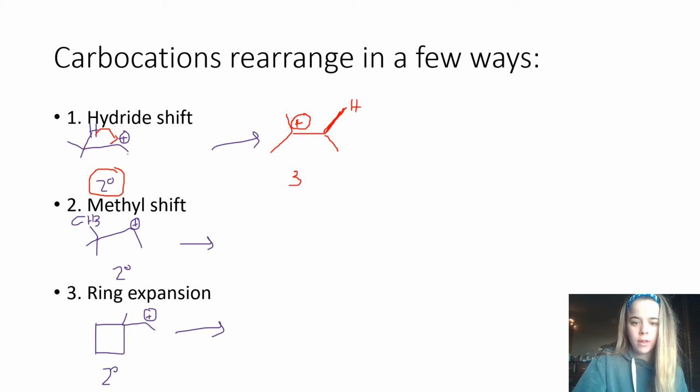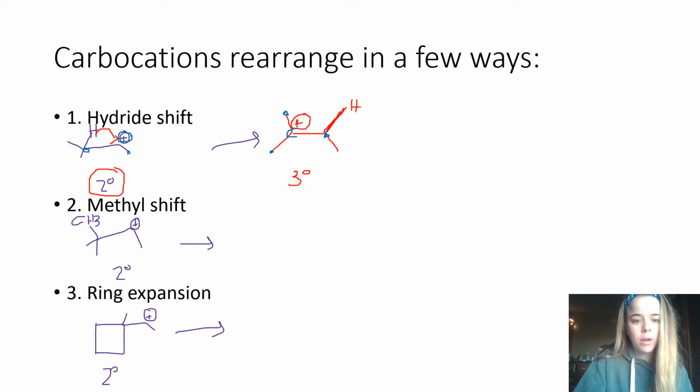Now you may wonder, why does that happen? Well, we want to make this more stable, and it is more stable with the carbon on this side, as it now has 1, 2, 3 carbons attached to it, which again promotes that hyperconjugation and more stability, versus this one, which has the positive charge over here and only has 2 attached to it.